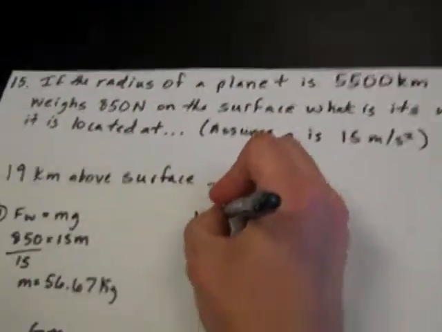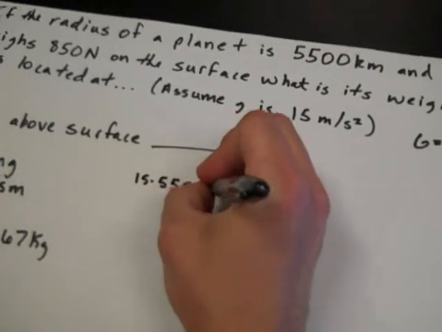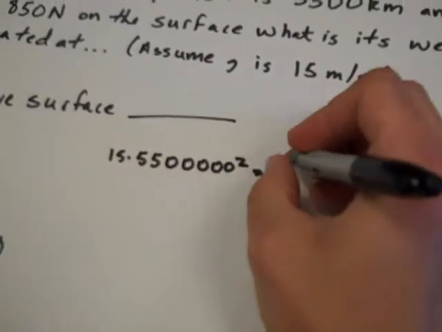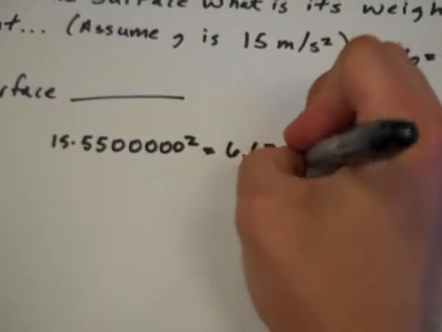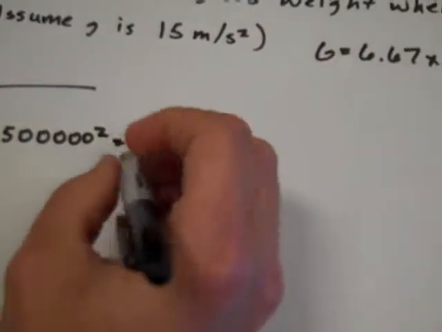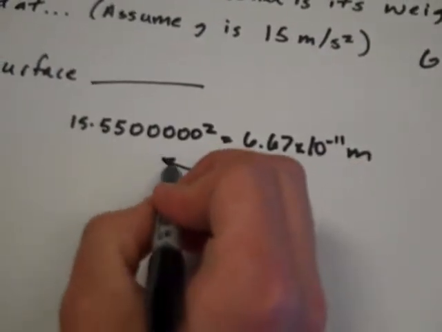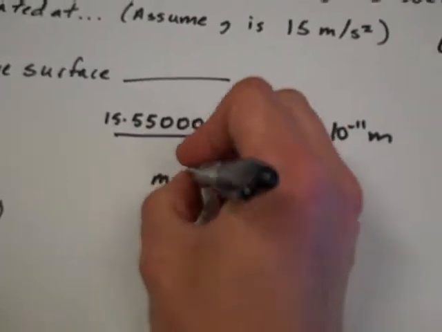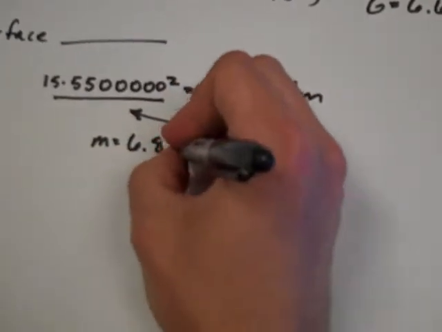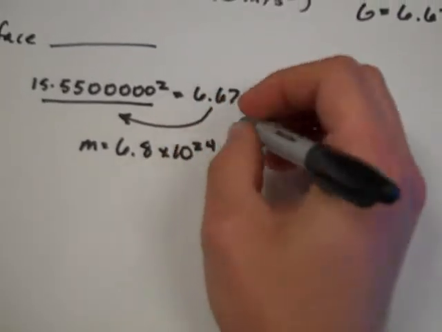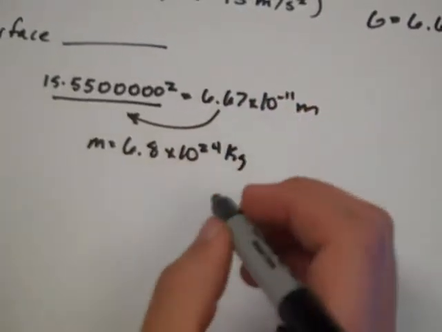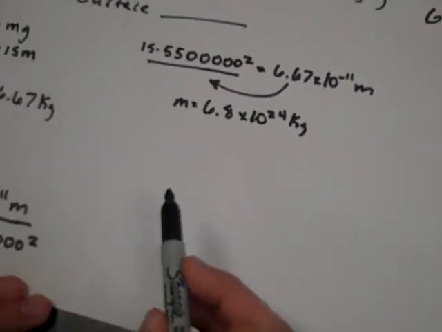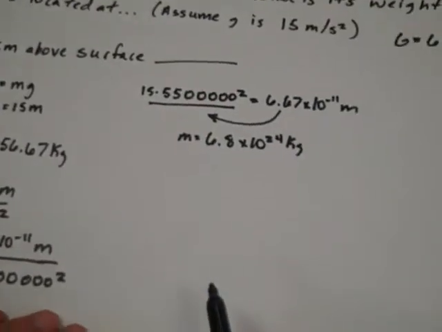So 15 times whatever this value is equals 6.67 times 10 to the negative 11th times m, and then to solve for m we divide, and the mass of the planet equals 6.8 times 10 to the 24 kilograms. Okay. Now that we know this, we can find the value of gravity 19 kilometers above the surface.